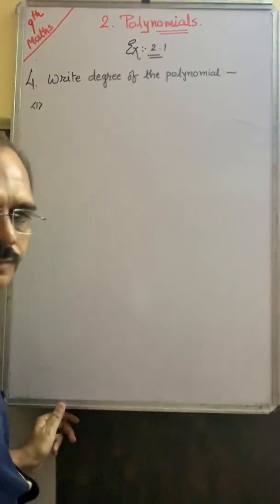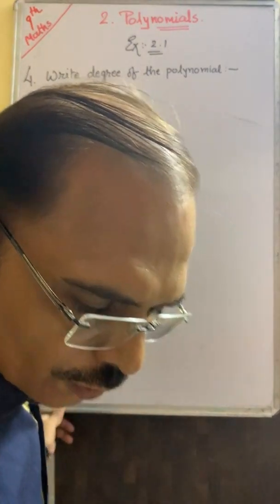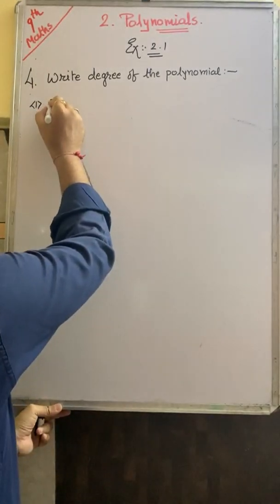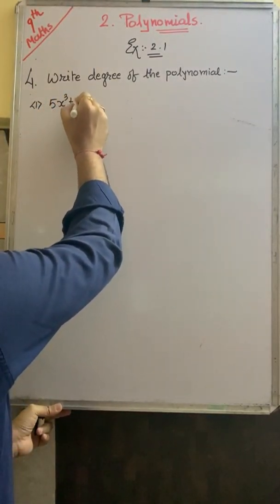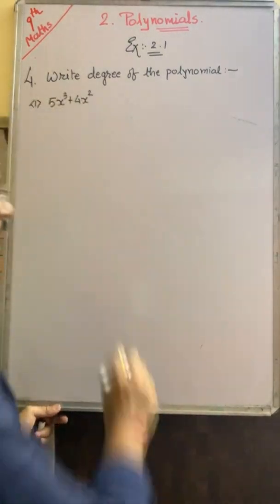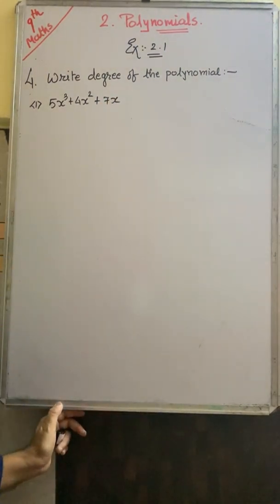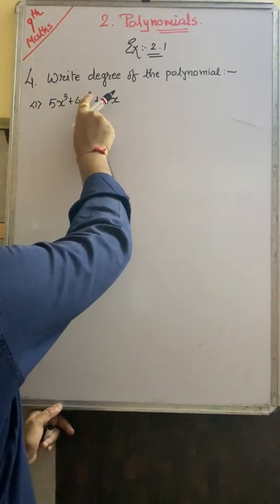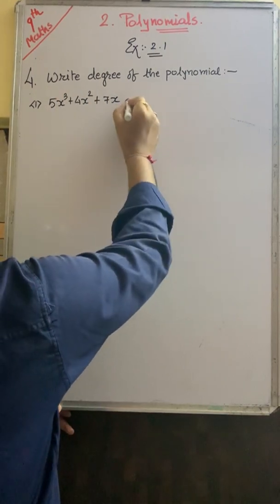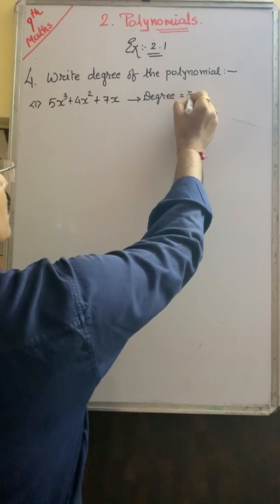First question, 5x cube plus 4x square plus 7x. Degree, highest power is what? Here 3 power, 2 power and 1 power. Highest is 3, so you can easily write degree is 3.